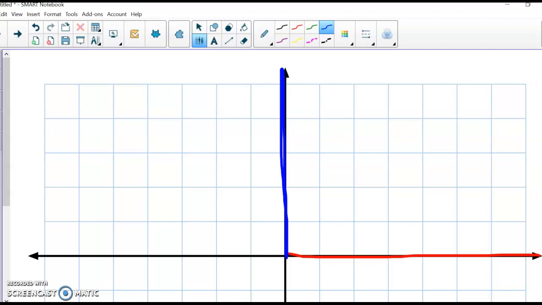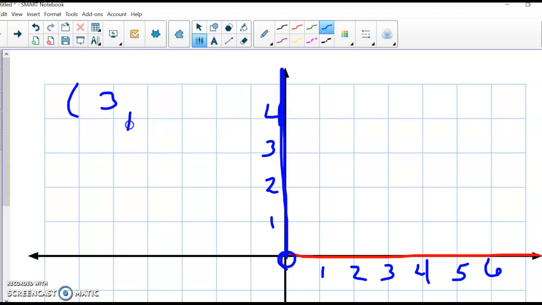So you can assume that at every grid point, this would be a 1, that's a 2, 3, 4, and if it sits here, it's a 0 on either one. So you have a 1, 2, 3, 4, 5, 6. So let's say that I'm going to plot a point at 3, 4.